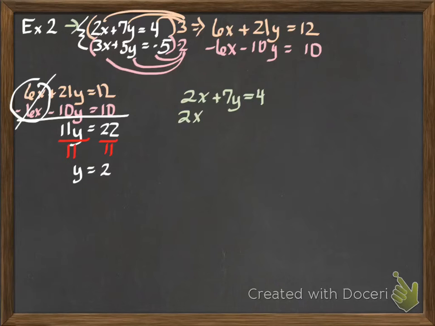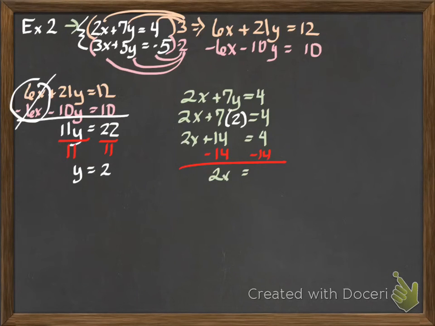So 2x plus, I'm plugging in that 2 for that y. And so I'm replacing that y with 2. And I am going to solve that equation. So 2x plus 14 is equal to 4. I want to move that 14 to the other side by subtraction, giving me 2x is equal to negative 10.